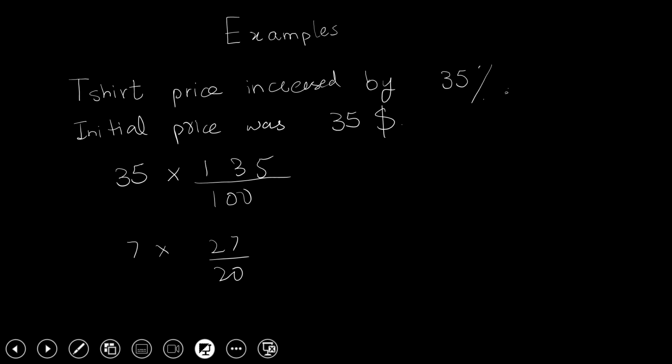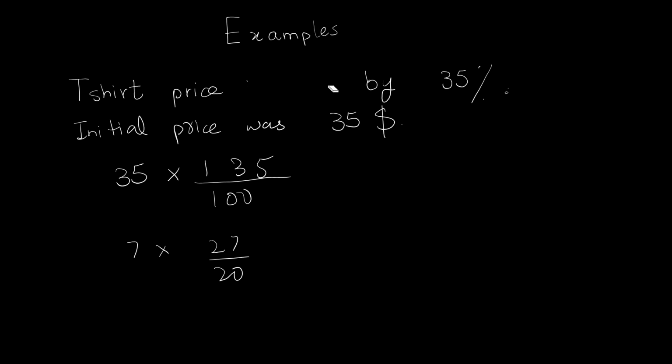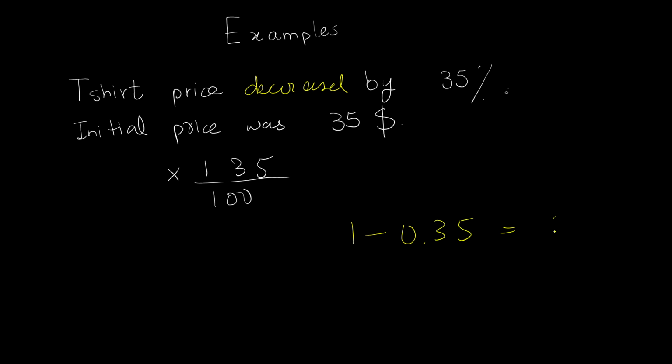Next example. What if it decreased by 35%? You know what to do? 1 minus 0.35, which equals 0.65. So you multiply by 0.65.